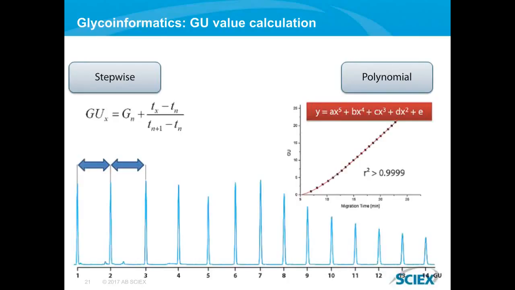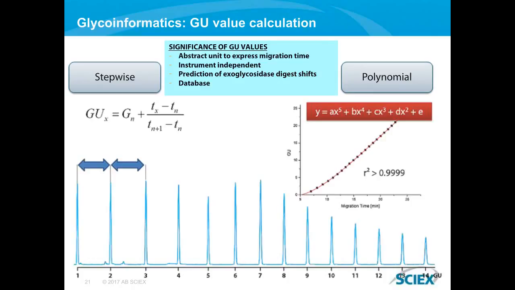And that is based on the glucose unit calculation, which glucose units can be used for searching databases, identifying the structures without getting into additional exoglycosidase digestion steps, and so forth. So the glucose unit can be calculated stepwise like an iteration process, like the Kovacs indexing in gas chromatography, or in a polynomial fashion.